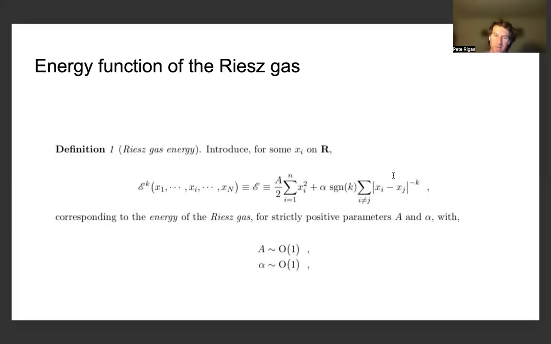And to define the Riesz gas energy, we're going to be looking at a model that's one-dimensional on the real line.